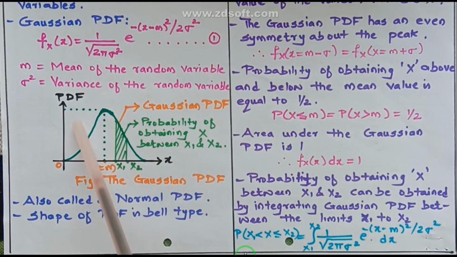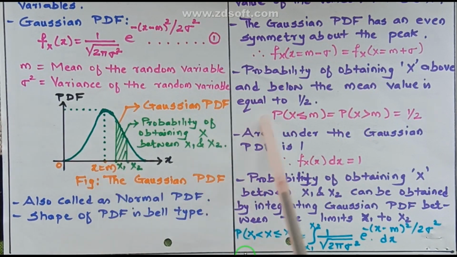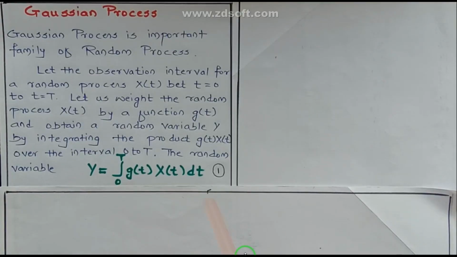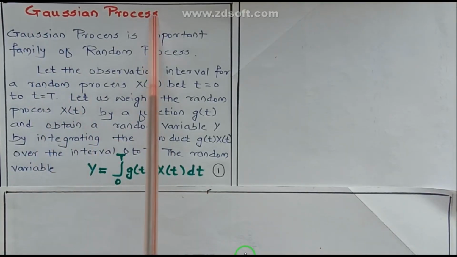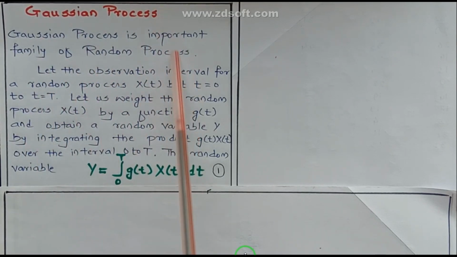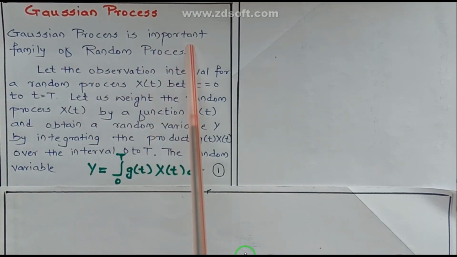Now by understanding this Gaussian distribution or normal distribution, we would proceed to Gaussian process. So Gaussian process is an important family of random processes.